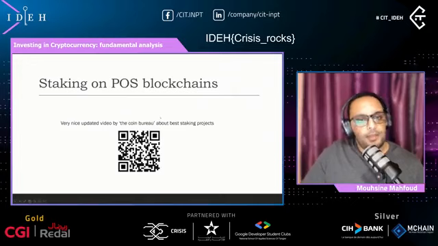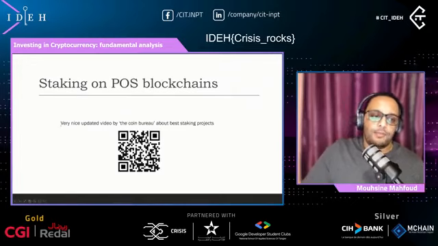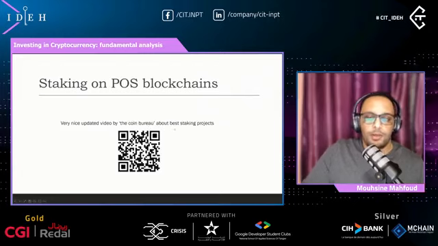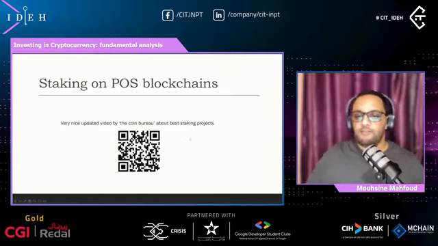Okay, as easy as it sounds. There is a very nice video by the Coin Bureau on YouTube on updated projects that may be very interesting to get involved in. So you can scan the QR for that video. Okay, for staking.